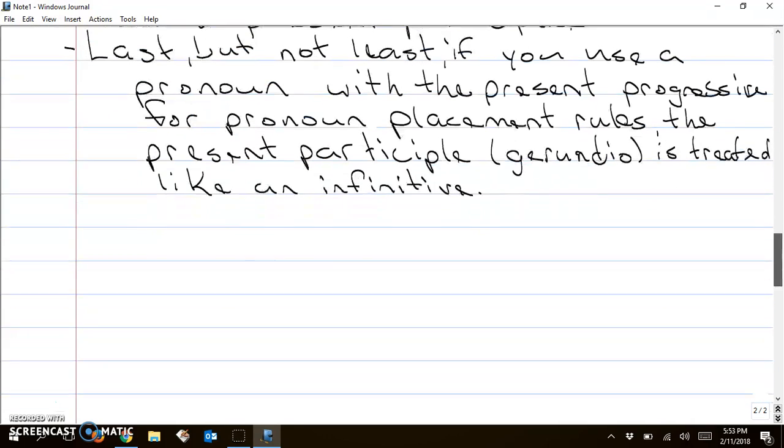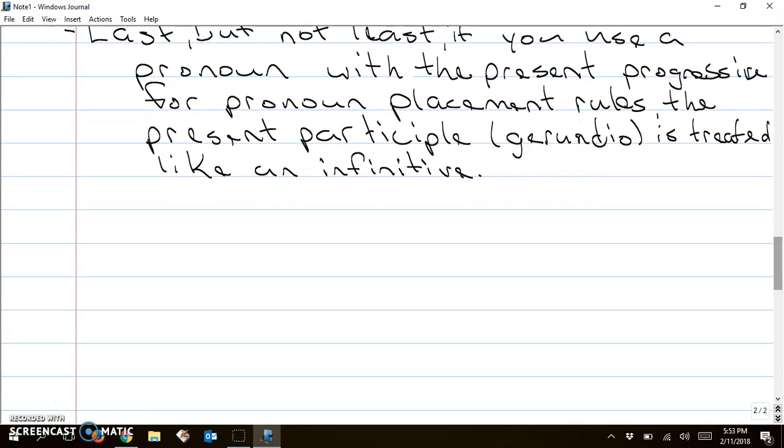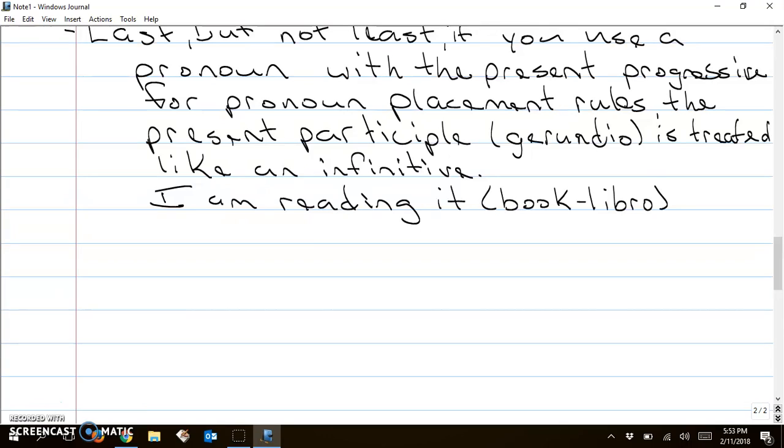So I'm not sure if we'll run into these. We may run into a couple. But let's look. I am reading it. It being the book or libro. You have two choices.